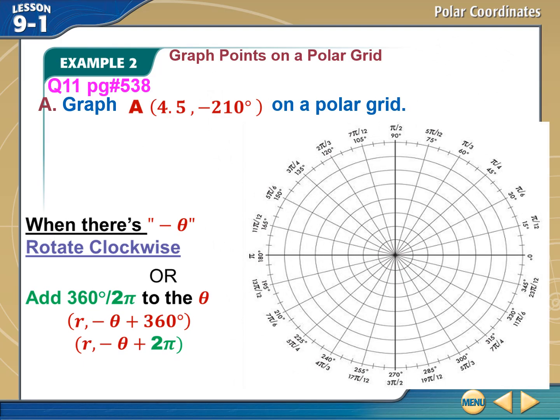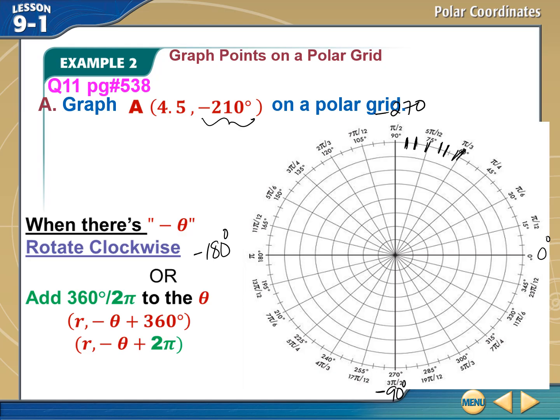Let's see here. Now this is easy because it's in degrees. 4.5 and negative 210. Negative 210 means go in the clockwise direction. This is 0 degrees, here it is negative 90 degrees, here negative 180 degrees, then negative 270 degrees, and back to negative 360 degrees. Each point is 5, then 10, 15, 20, 25, 30.